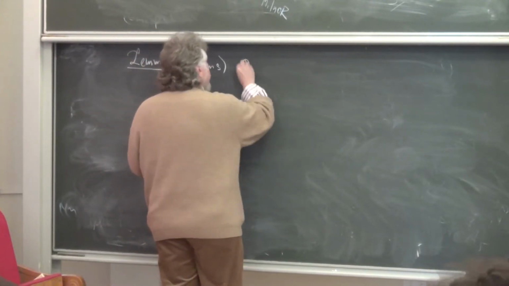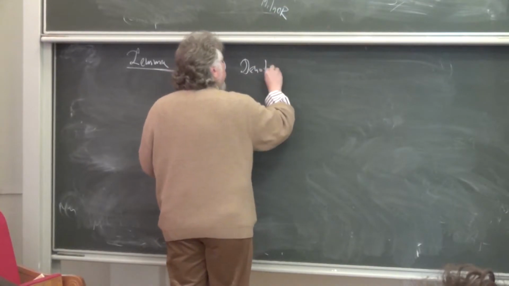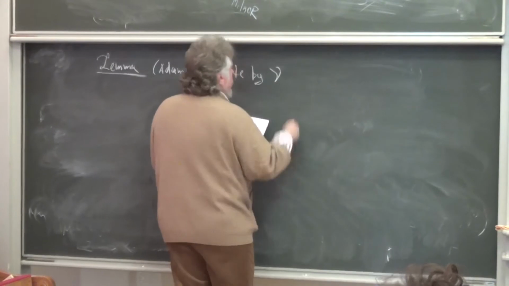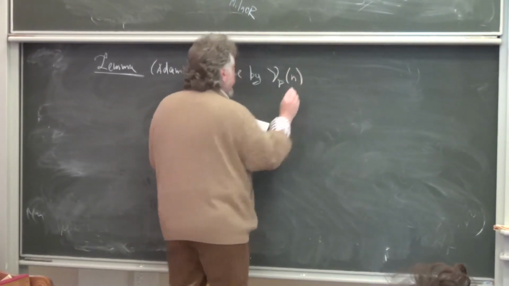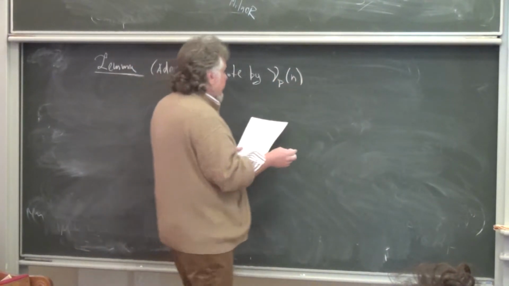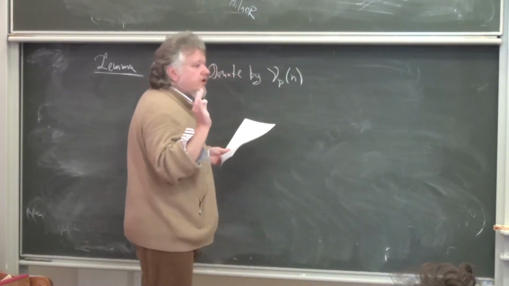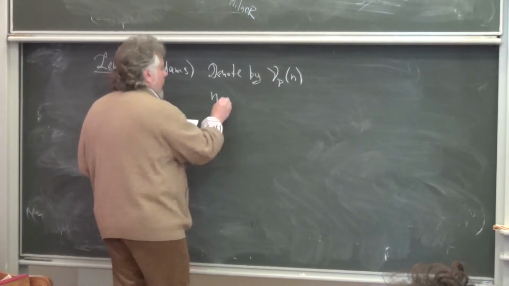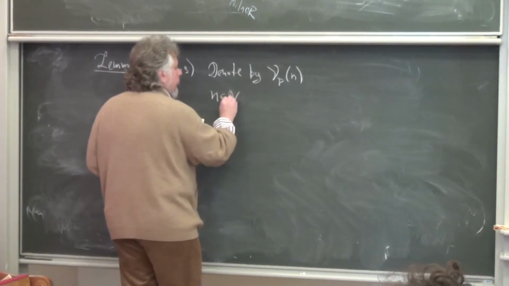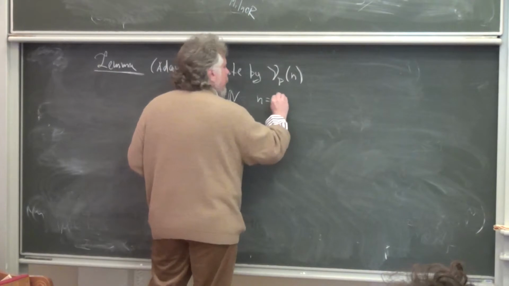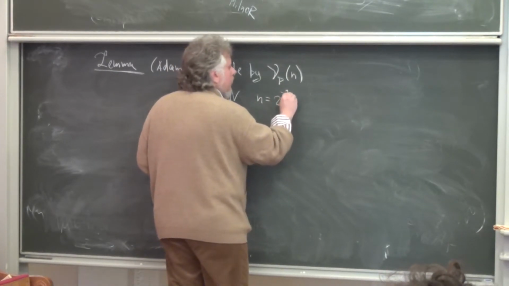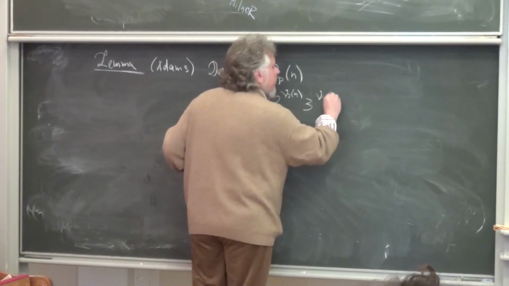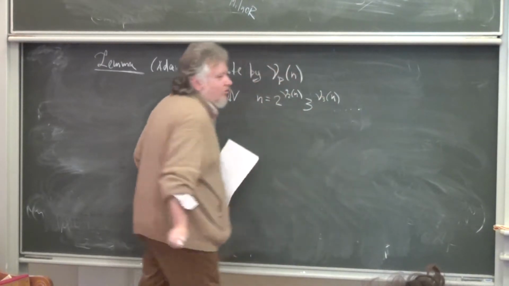So denote by nu p of n the greatest dividing p exponent of n. What I mean is, if we take some n, then n equals 2 power nu 2 of n times 3 power nu 3 of n times and so on.